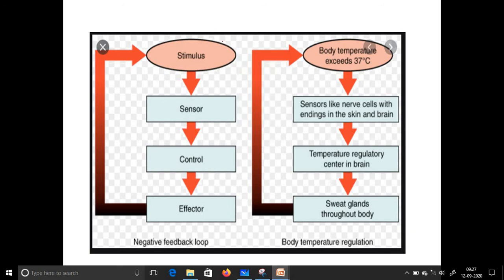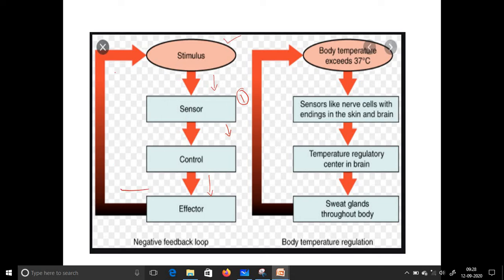Stimulus means any heat, cold, pain, or any sensation from external sources or maybe from internal sources, received by the sensor first. Then the sensor, because it guards the normal set point, detects whether there is any change or not, and sends the message to the control center, that is the brain, and the brain again sends a message to the effector to reset the deviation.